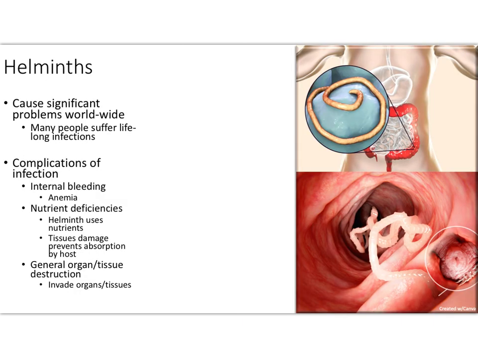Now, helminths in general are not super common in the United States. Most of our sanitation and our behavioral practices surrounding food, waste removal, disposal, etc. help stop helminth transmission fairly well. But in much of the rest of the world, helminths can be a significant problem.